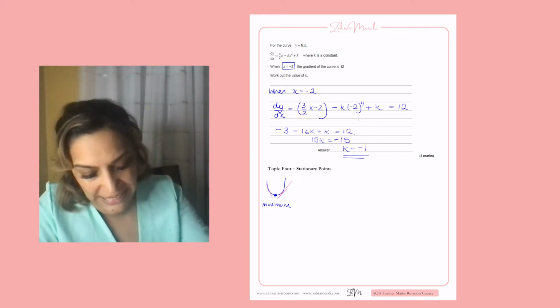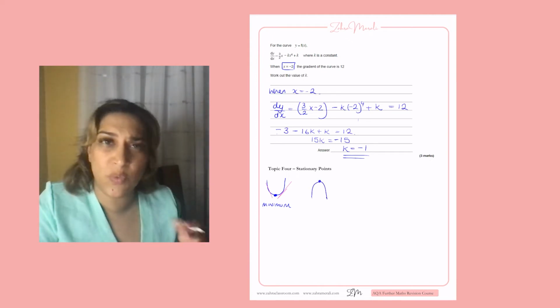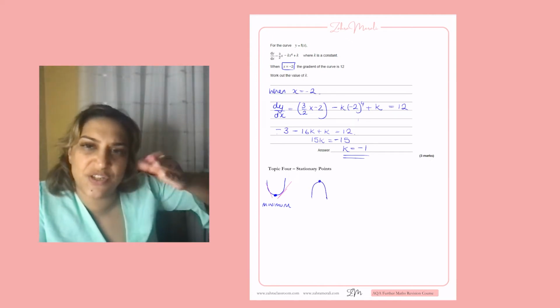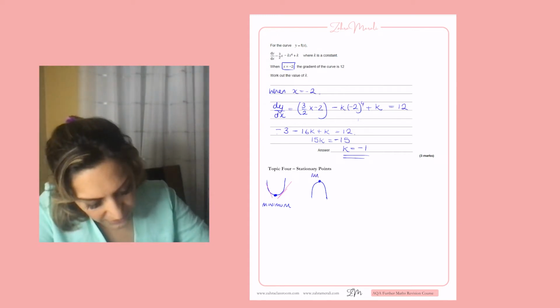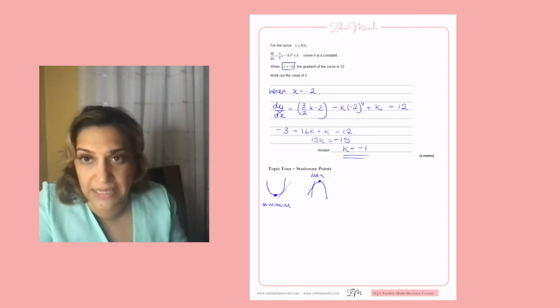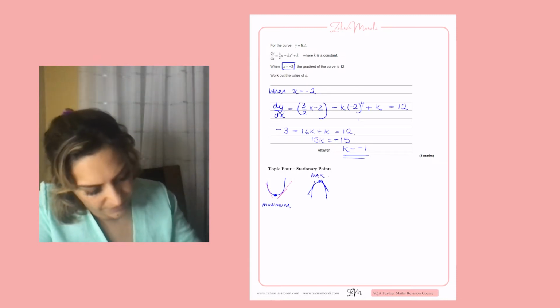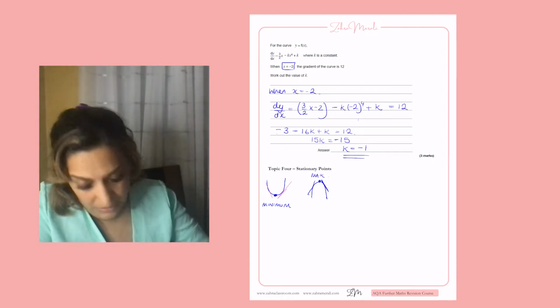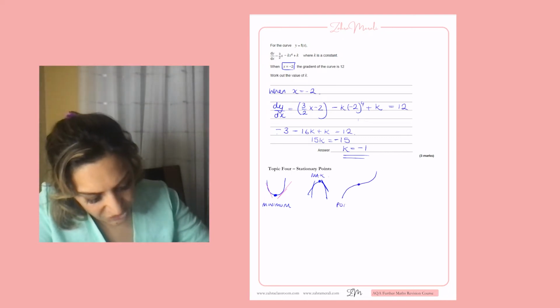So when you have a stationary point, you're always going to get a change in the gradient either side of it. Here we've got a maximum, and in this case just before it's positive and just after it's negative. You can also get what's called a point of inflection.